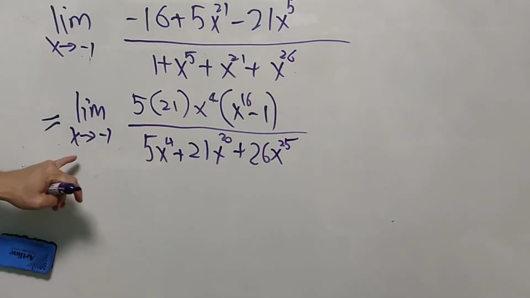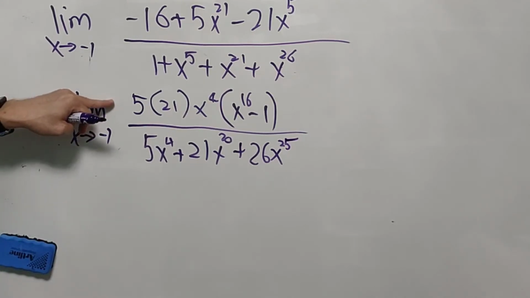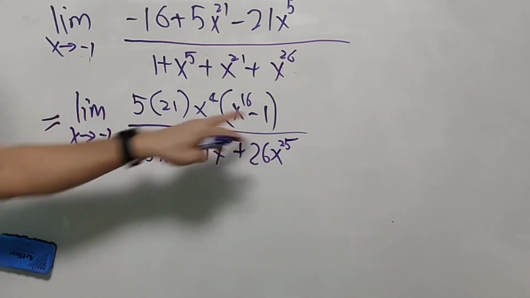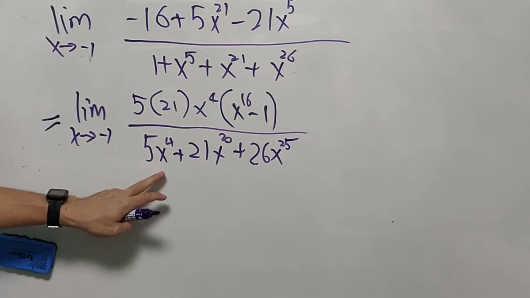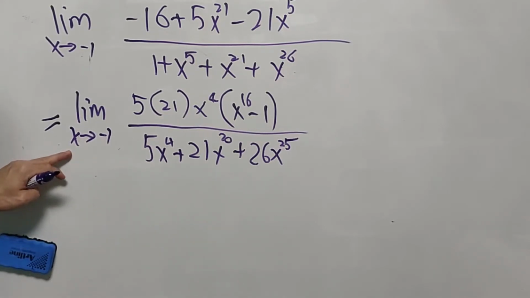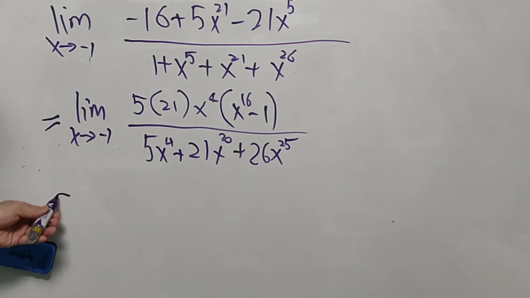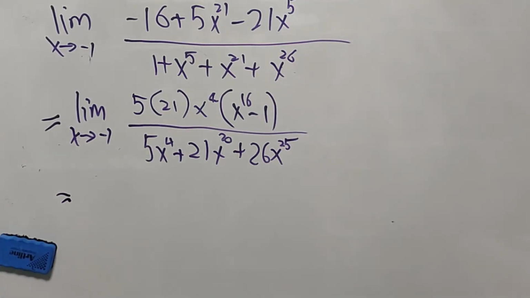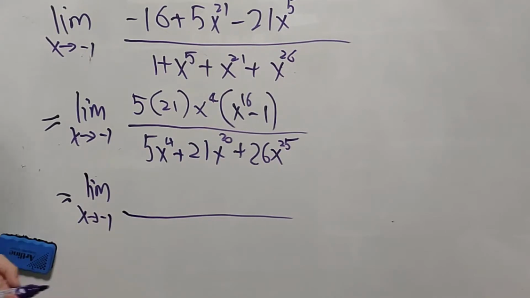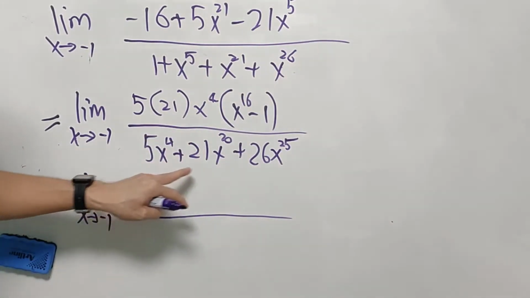Again, when we substitute x equals -1, the numerator will be equal to 0, and likewise for the denominator. So we can use L'Hopital's rule again. Sorry, before we use L'Hopital's rule, we can cancel the x to the power 4.